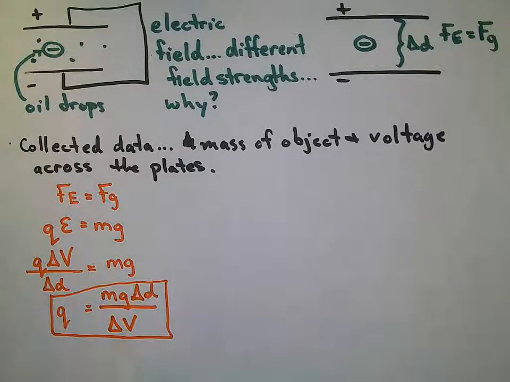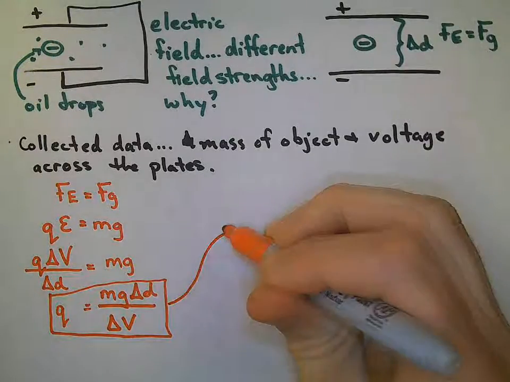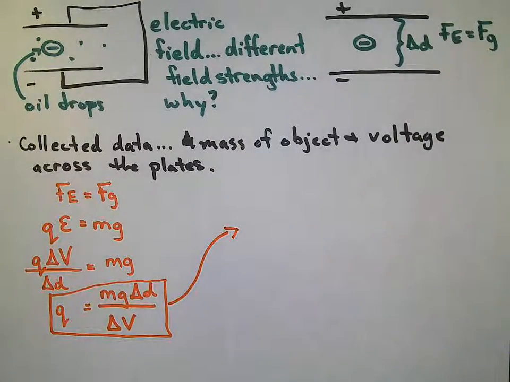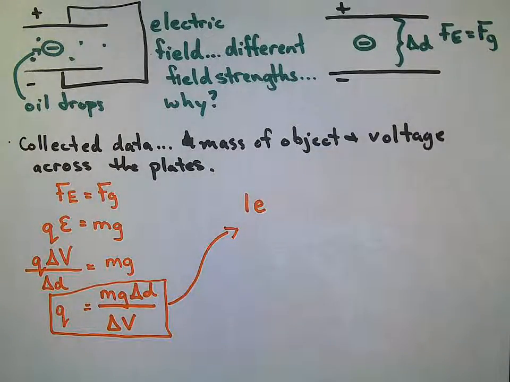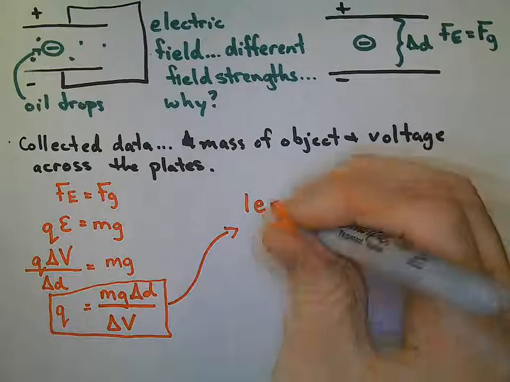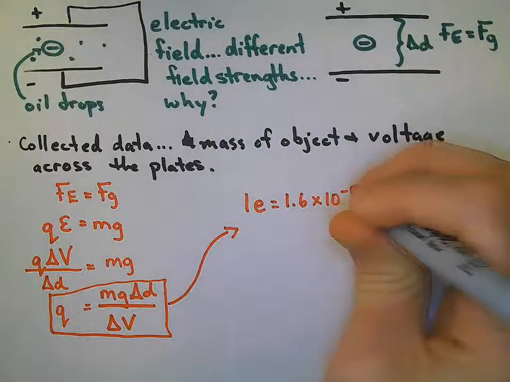But when it was in this ratio here, this is the amazing thing that Millikan was able to determine. He figured out that when there was one electron, the charge on that would be 1.6 times 10 to the negative 19.